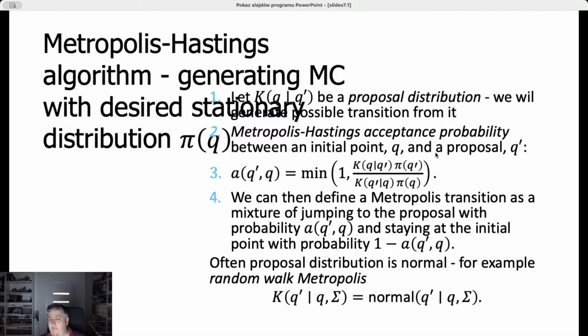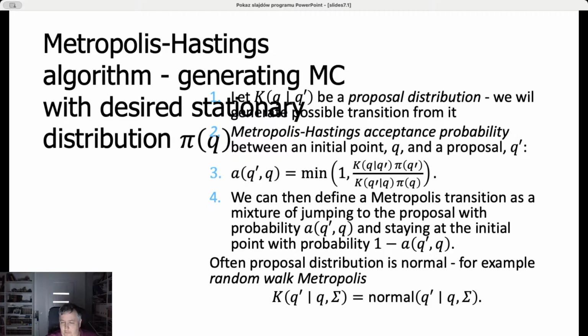If the proposal moves us away from the high probability area, so that pi of q prime is lower than pi of q, then we have a probability, not 0, unless pi is 0, but it's not. There is some probability of moving away.